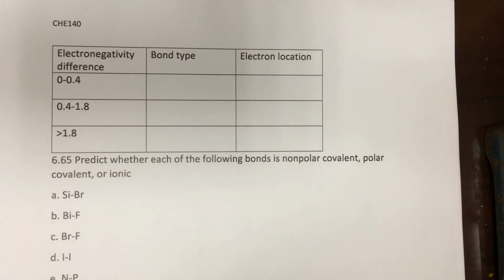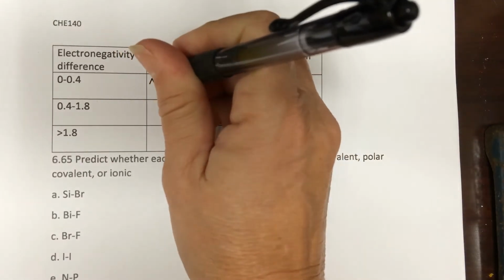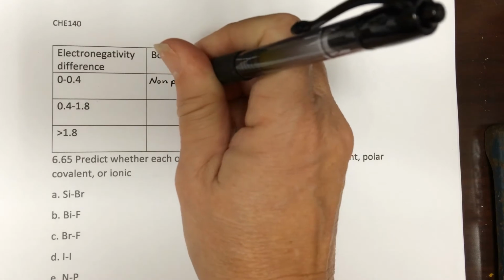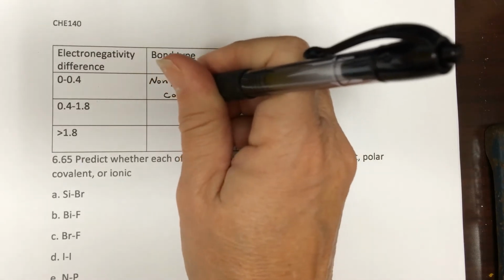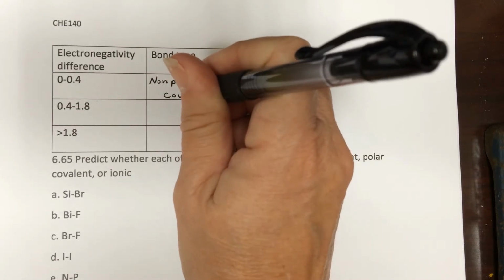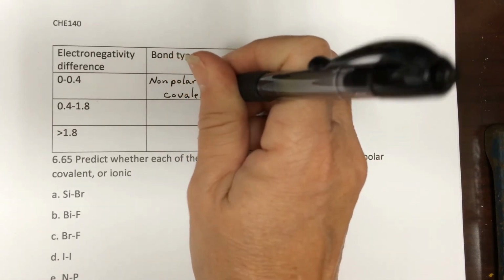If we determine that the electronegativity difference between two atoms is 0 to 0.4, this is a nonpolar covalent compound. And we're going to say that the electron is shared evenly.